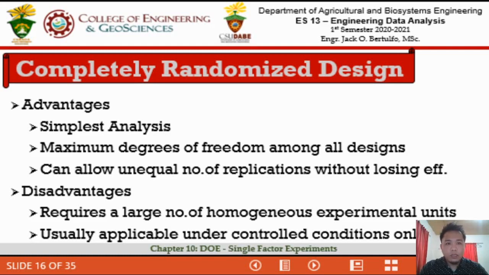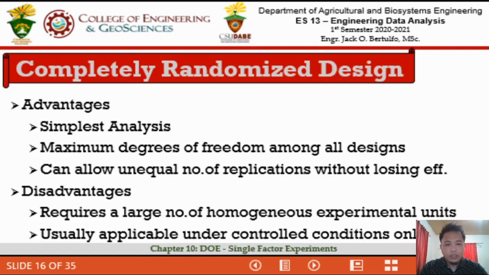There are some cases where, let's say, experimental unit number 6 has no data obtained. Okay? If you have no data there, you can still analyze and interpret the data even if one is missing. So that's the advantage of having a CRD for your experiment.